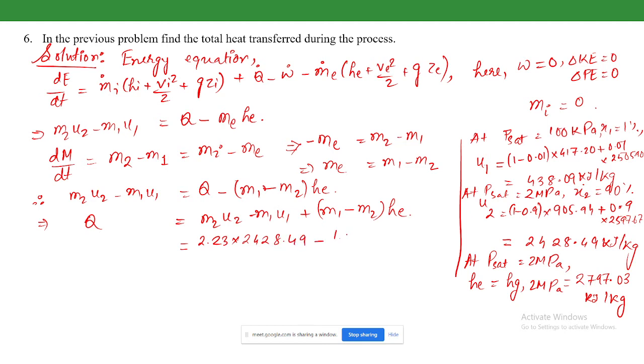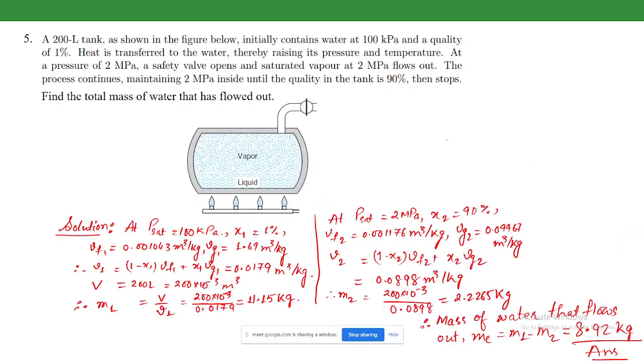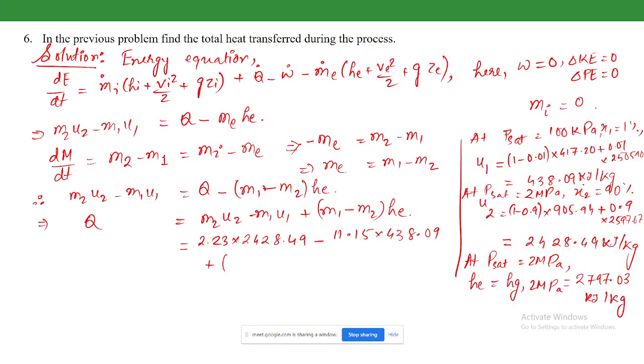So if we put in all the values, 2.23 into 2428.49 minus 11.15 into 438.09 plus 8.92 into 2797.03, this comes out to be 25480.34 kilojoule.